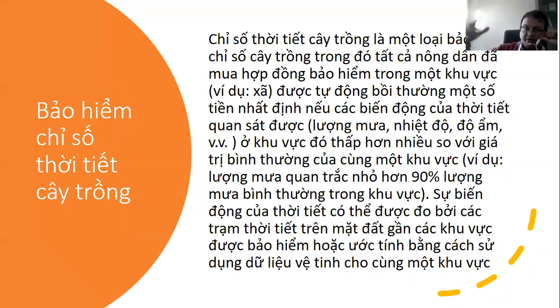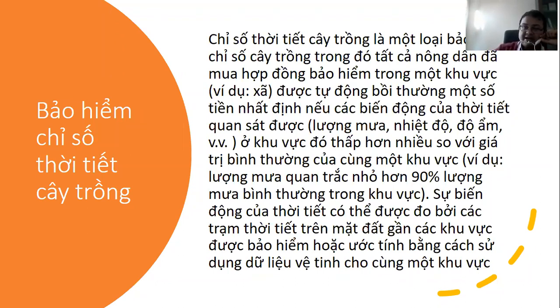The rainfall can be the rainfall over the whole season or over particular phases of the crop cycle, or there are many other possibilities. We look at some of those tomorrow when we look at the product design factors. So if the weather conditions have been less than the trigger level, or more than the trigger level, depending on what the parameters are, then automatically there would be a payout.